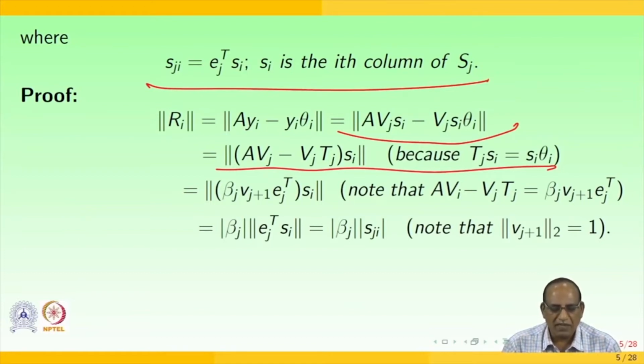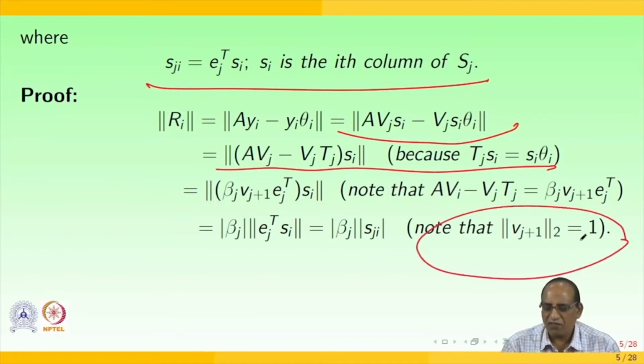Norm of beta j Vj plus 1 ej transpose Si. Note that A Vj minus Vj Tj is equal to beta j times Vj plus 1 ej transpose, and that will be equivalent to norm of ej transpose Si modulus of beta j, that will be equivalent to mod of beta j Sji. Note that the 2 norm of Vj plus 1 is 1.